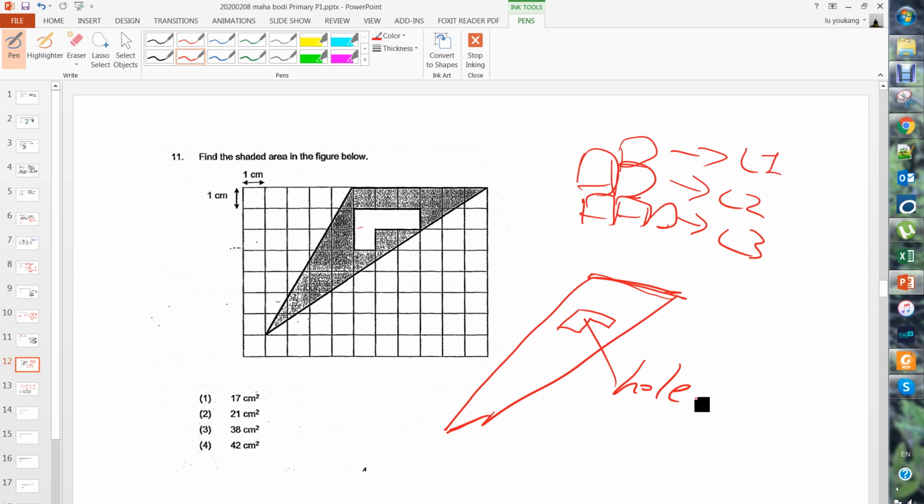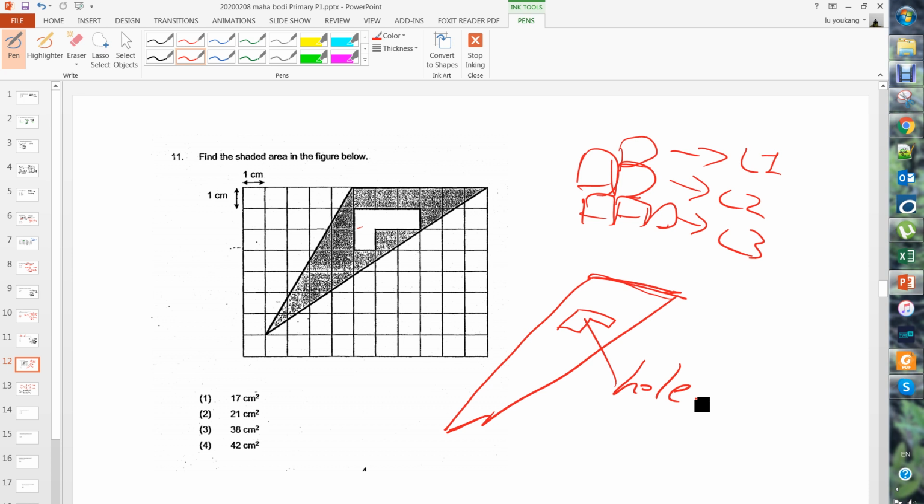Repeat after me. To find the shaded area, you need to minus the. What minus what?